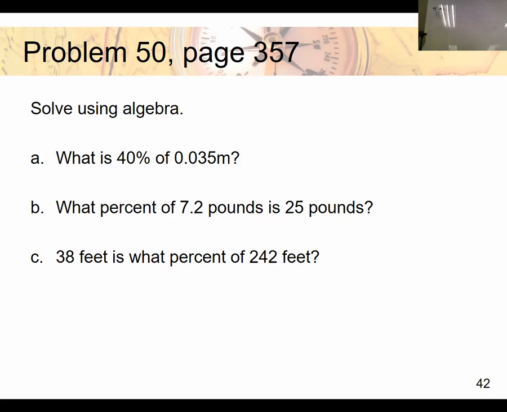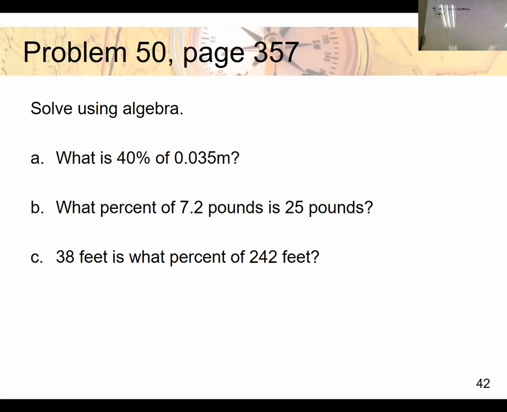Here we're trying to find the part, which is going to be our A. And that's going to be equal to, the word is, by the way, represents equals. What's 40% as a decimal? 0.40. And then the word of means you need to multiply, and then 0.035 M.